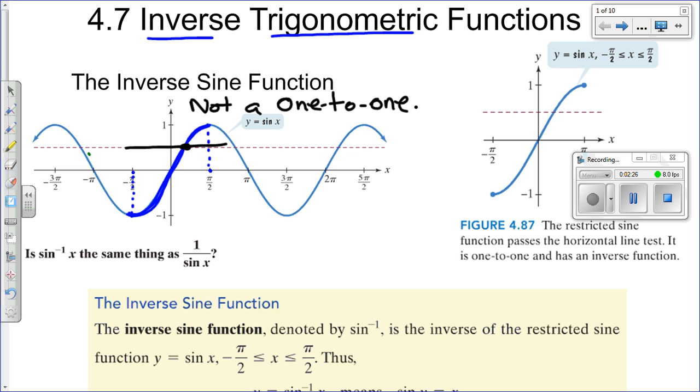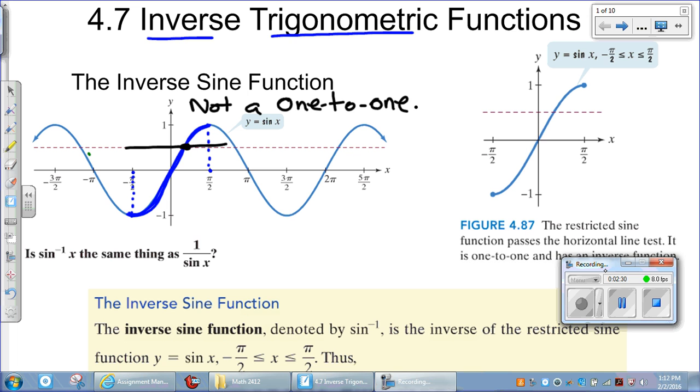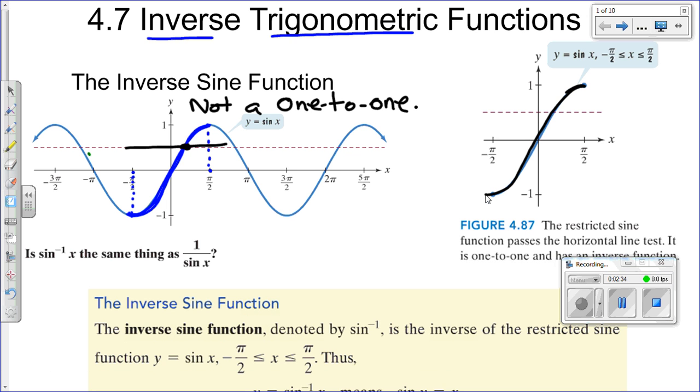So that restricted piece of the graph is the same graph that you see here. We're saying that the domain is going to be the interval from negative pi over 2 to positive pi over 2. In other words, any x value greater than or equal to negative pi over 2, but less than or equal to pi over 2.